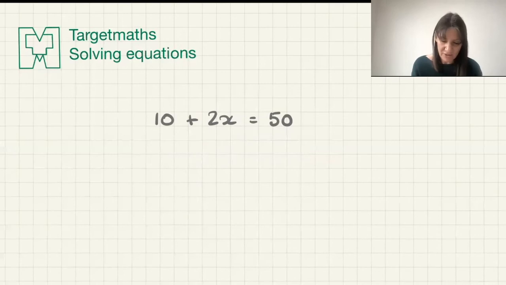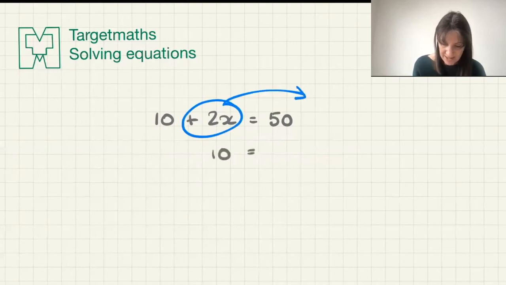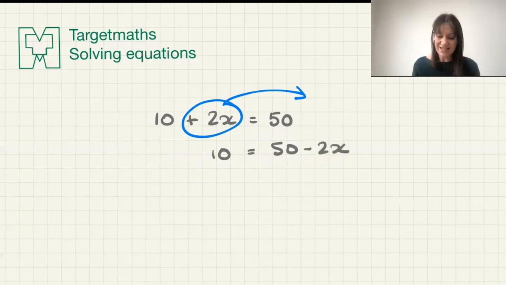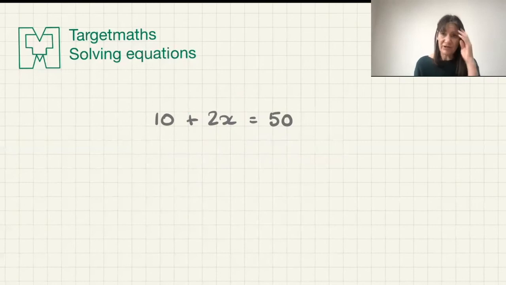And if I was to pick my 2x up and land it on the other side, I'll have 10 here, and then I'll have 50 minus 2x. I haven't actually done anything that is going to help me. I've just put it in a different position, and now it's created another problem almost, rather than helped get me closer to the answer. So it's that type of thing that you've got to watch out for.